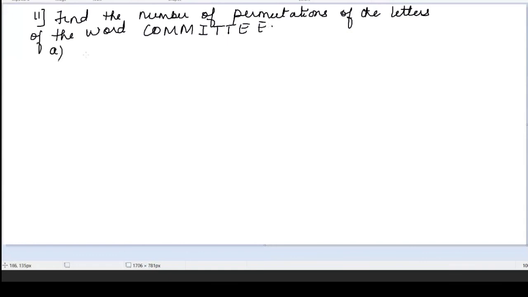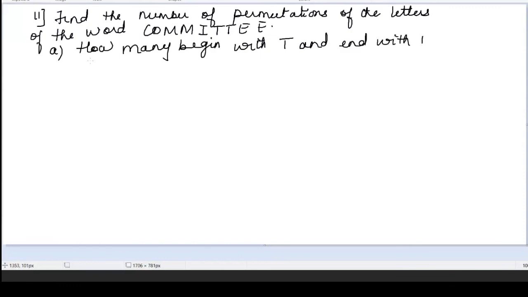A question in this. How many of them begin with the T and end with the T? B question. In how many are all vowels together?